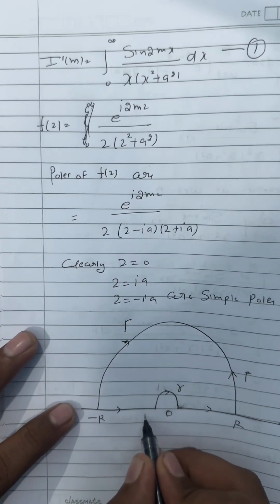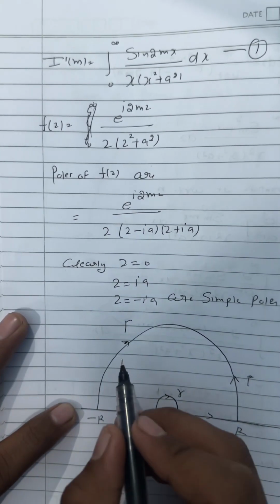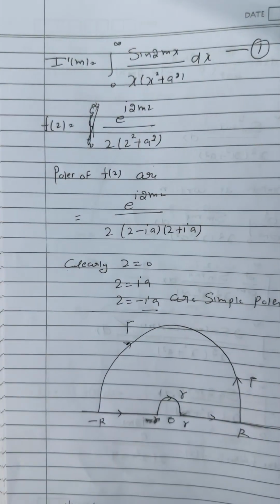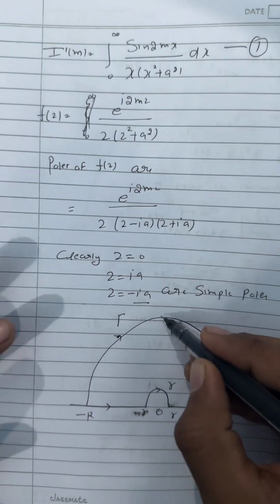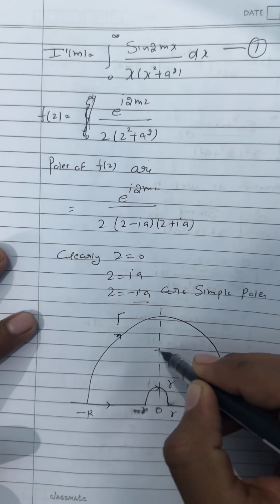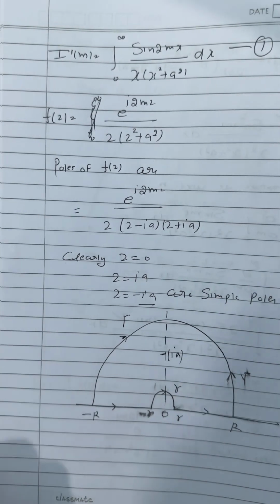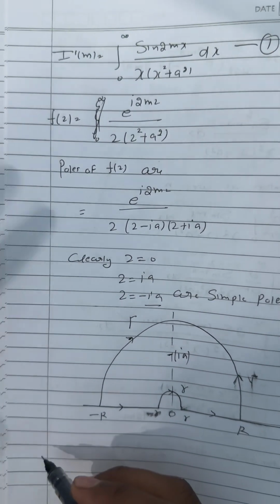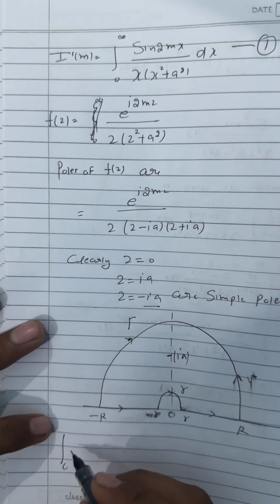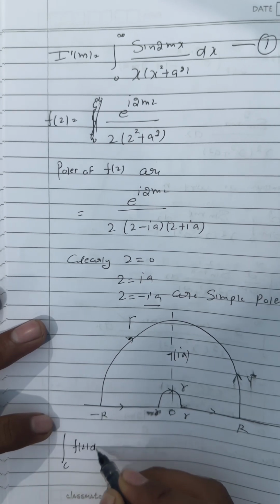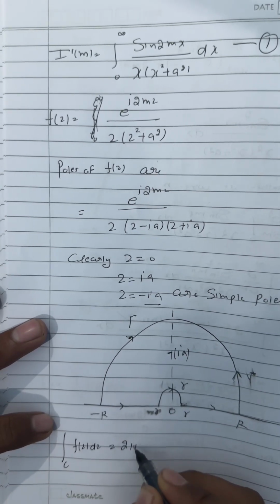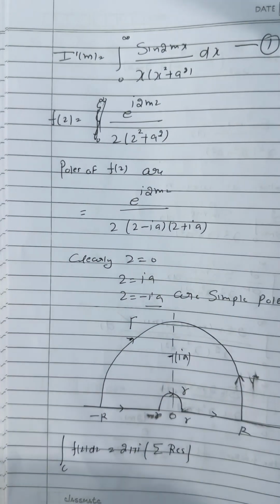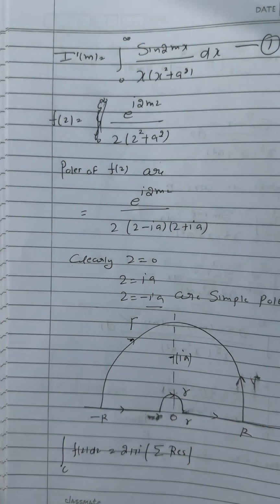Let's call this minus r, this is r. So clearly minus i a is lying outside the contour, while i a is lying inside. Let's use the Cauchy residue theorem to calculate the integral of this function: 2 pi i times the sum of residues. This is the Cauchy residue theorem.